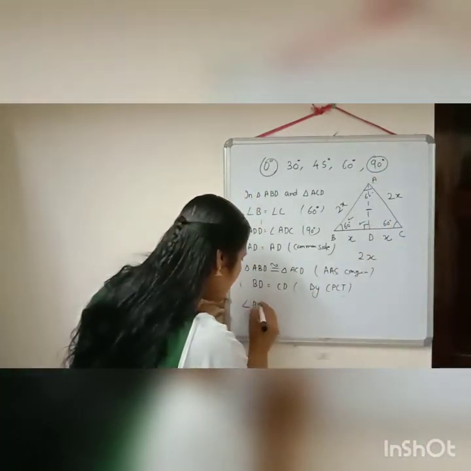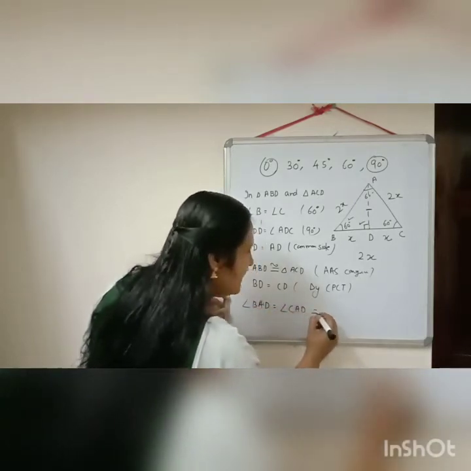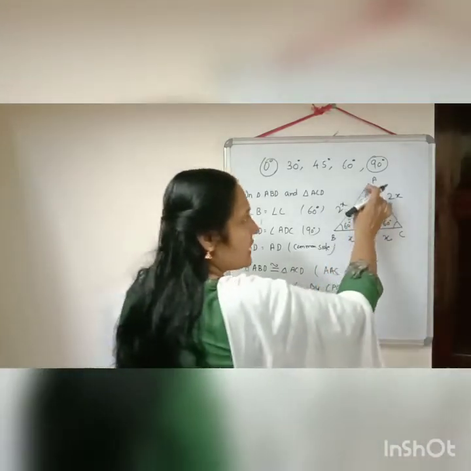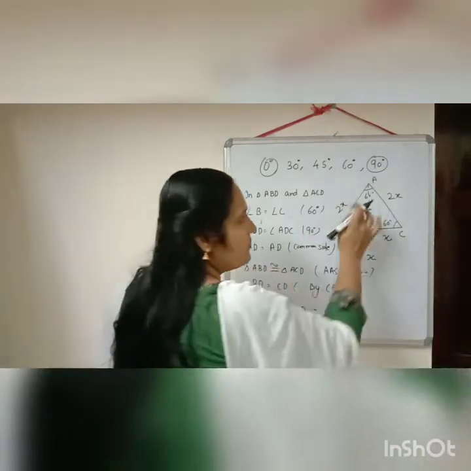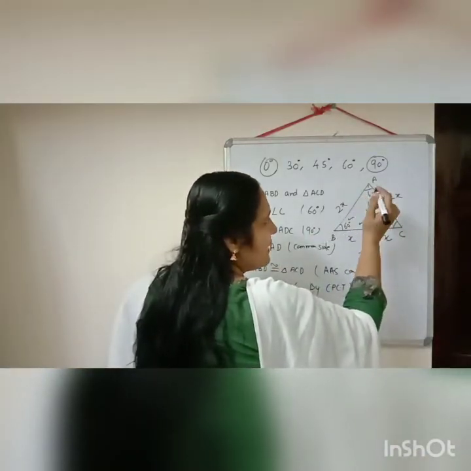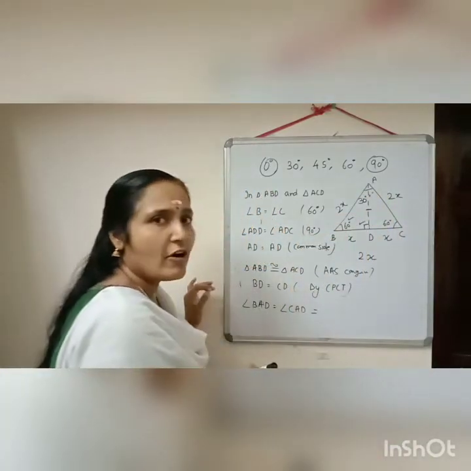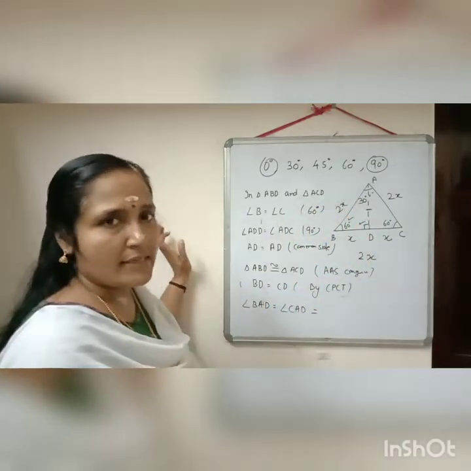So write down there, angle BAD is equal to angle CAD. What will be their measure? Total angle is equal to 60 degree. Then how much will angle BAD be? Yes, correct, half of that. So we will get angle BAD is equal to 30 degree.